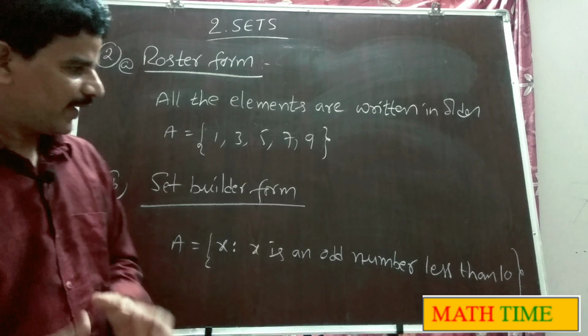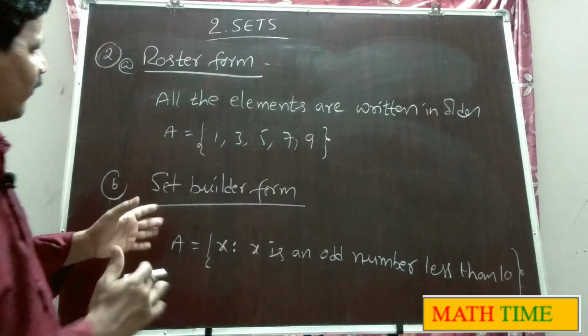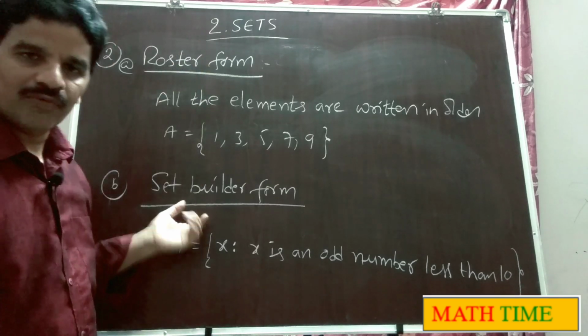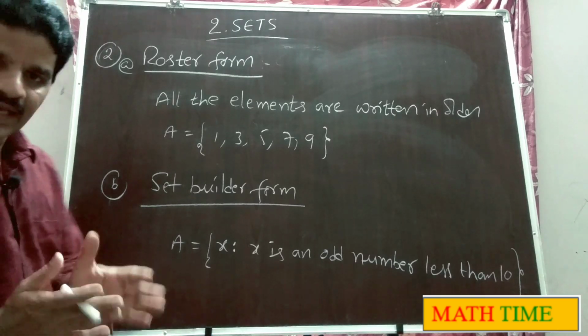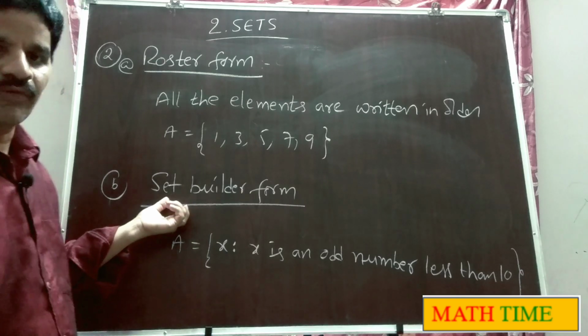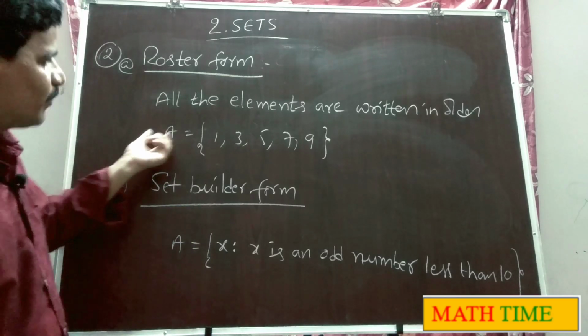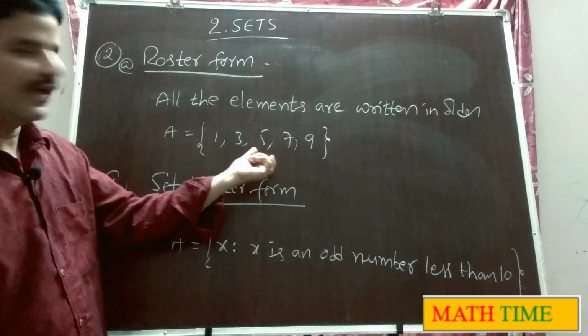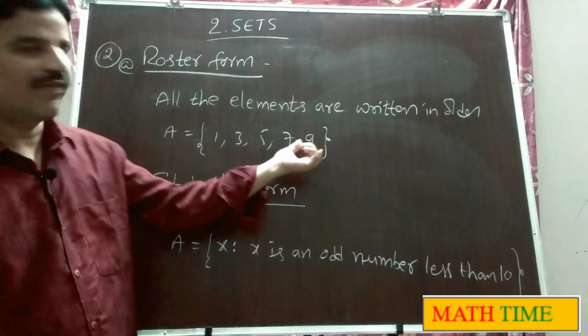Therefore, the same example is given in both roster form and set builder form. In roster form, I listed all the elements here 1, 3, 5, 7, 9.